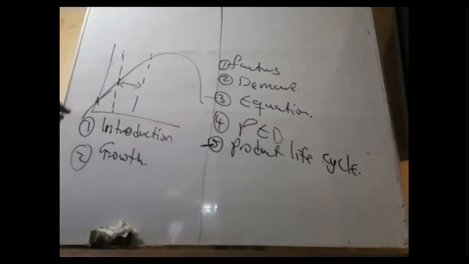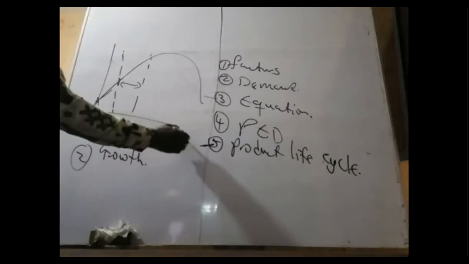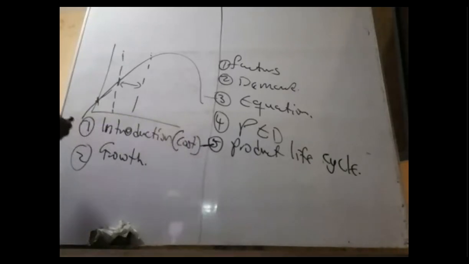Now, for management accountants, we are interested in how to determine the cost at each stage, what are the likely costs that we may incur? That is what we are interested in. Good.